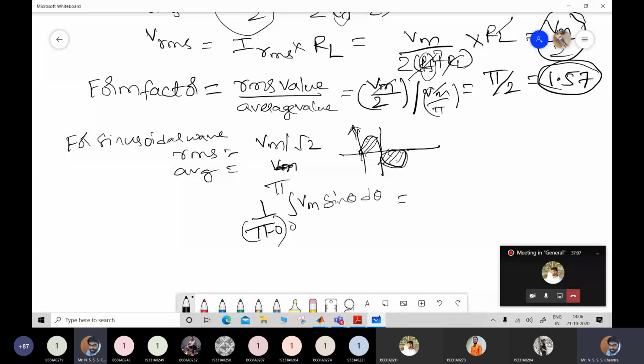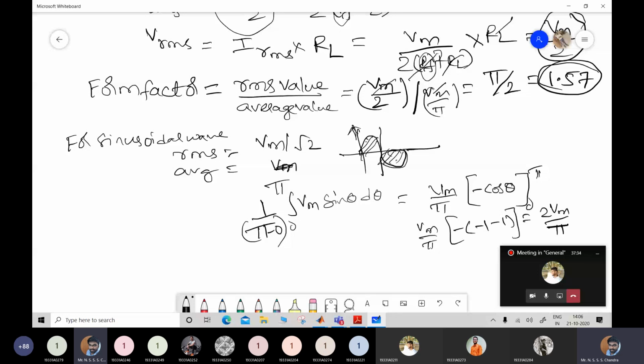Vm comes outside. The integral of sin theta is minus cos theta from 0 to pi. So Vm by pi times (minus cos pi, which is 1, minus minus cos 0, which is 1). So it is 2 Vm by pi.